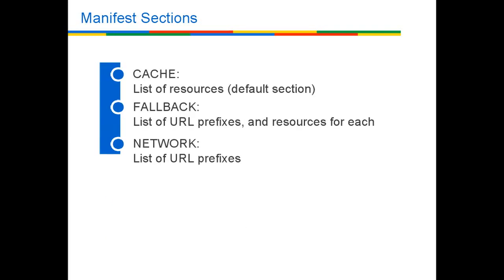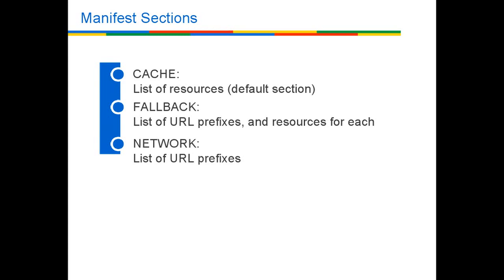Now, this is where things start to get complicated. And we get into the more advanced uses of the application cache. You can actually include different sections in your manifest. The default one is the cache section. So if you include no section at all, then this is what things are assumed to be. And it's just a list of resources, as we saw before.